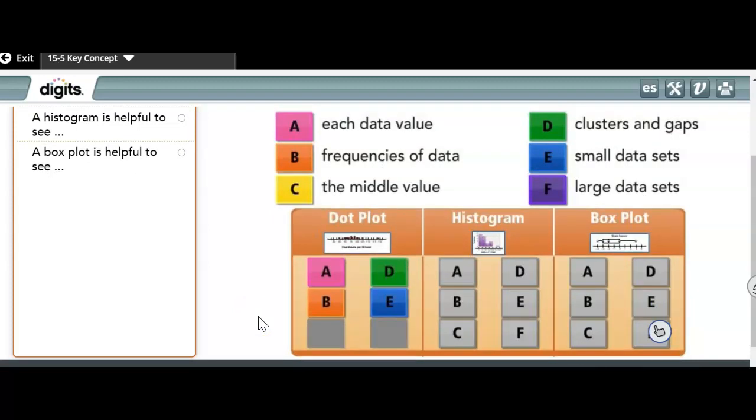Because if you're not writing that, you have no idea when you walk out of this room what A, B, D, and E represent. You should be writing each data value, frequency of data, clusters and gaps, and small data sets.